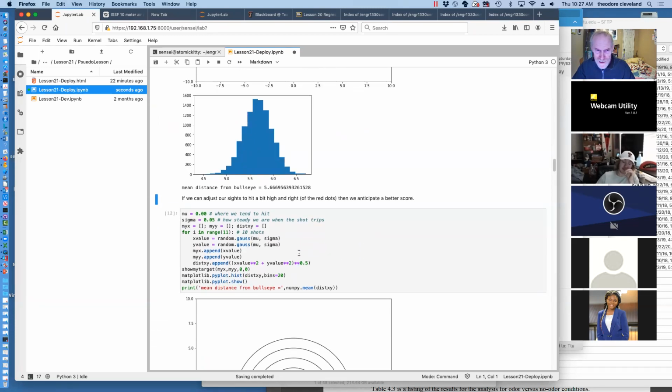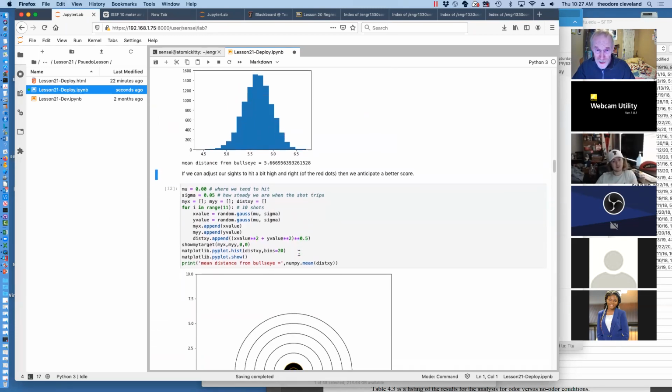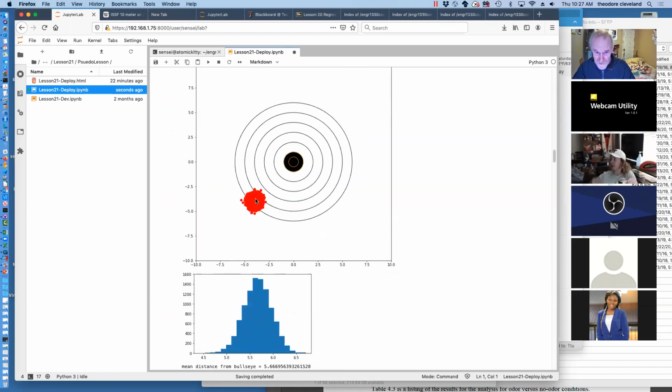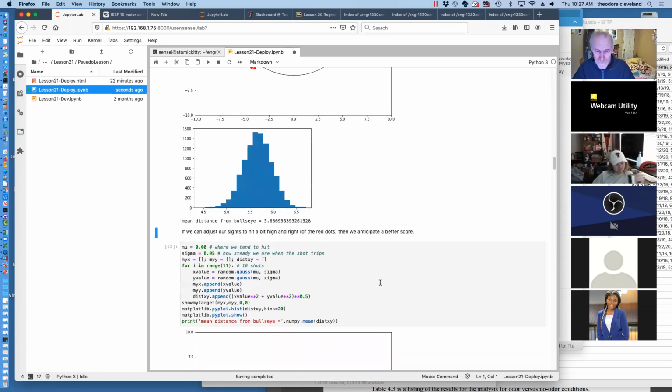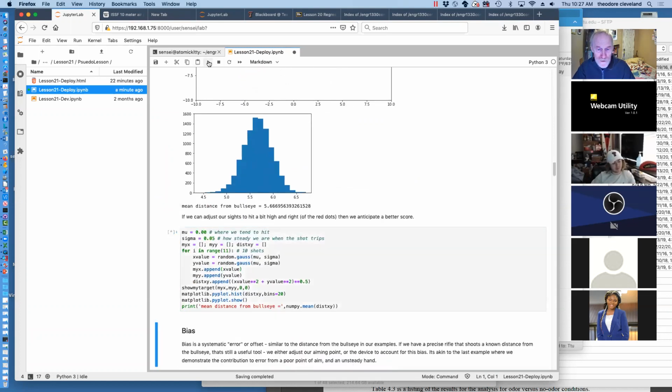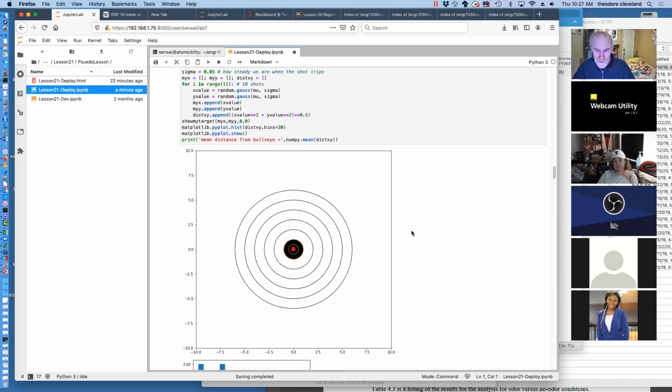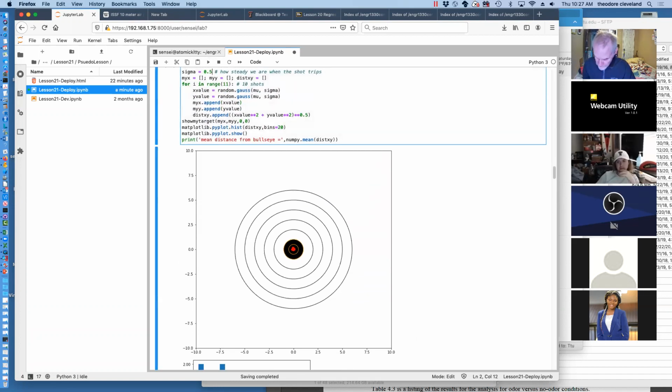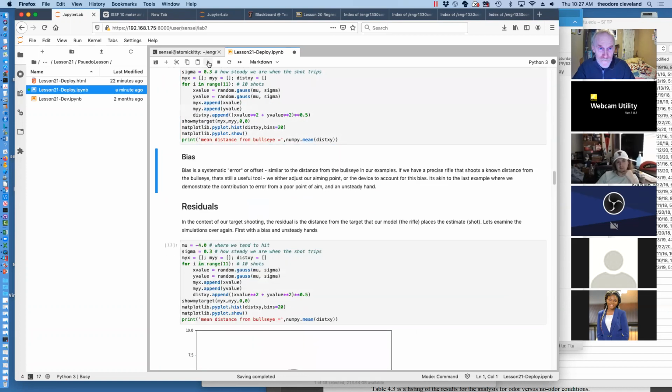Now if we adjust our sights to hit a little bit high and a little bit to the right of these red dots, and so we adjust them back up and back to the right, and then reshoot. Our precision is a little bit high there. Let's go back to the original 0.3.